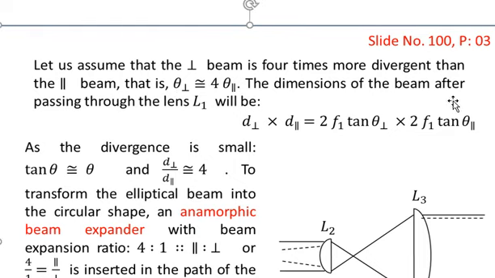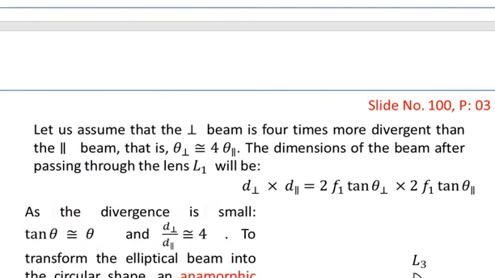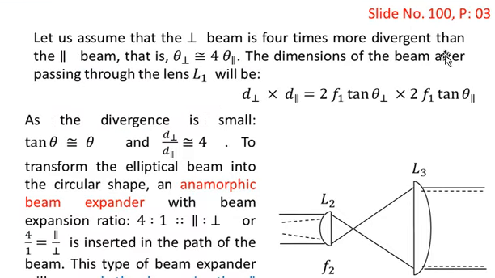The dimensions of the beam after passing through the lens L1 will be, the dimension D perpendicular will be 2 times F1 tan of theta perpendicular, and the dimension of the parallel beam will be equal to 2 times F1 tan of theta parallel.